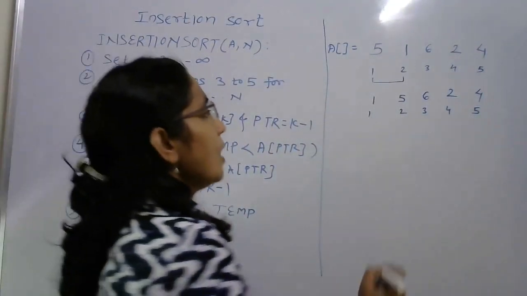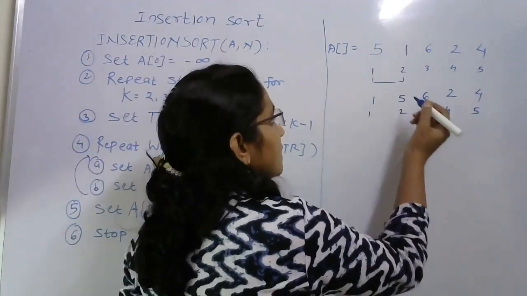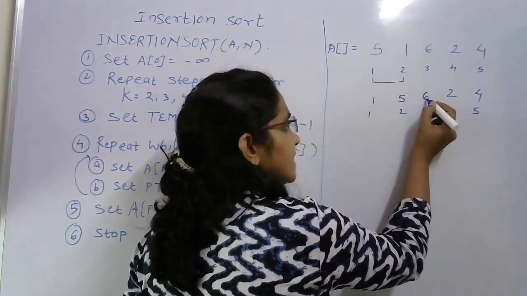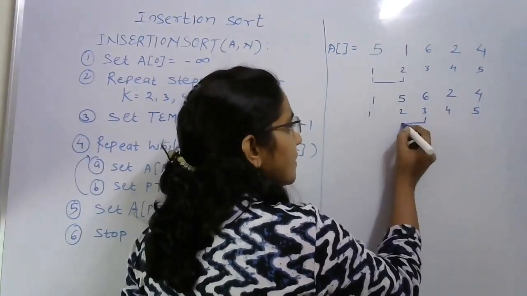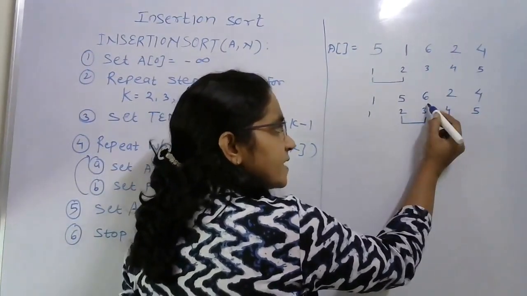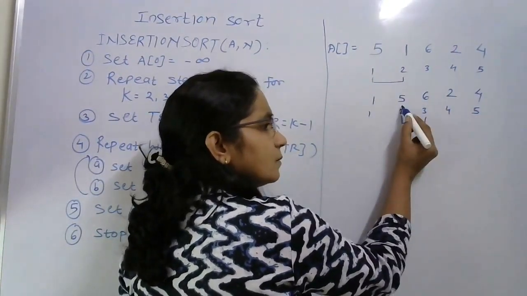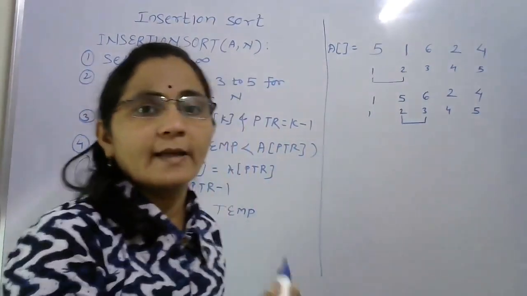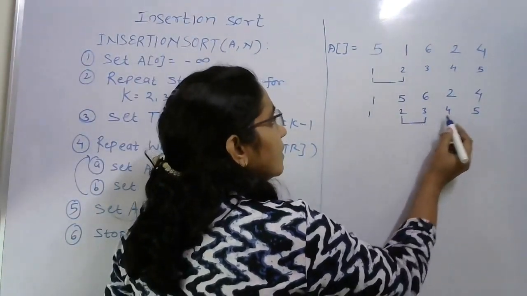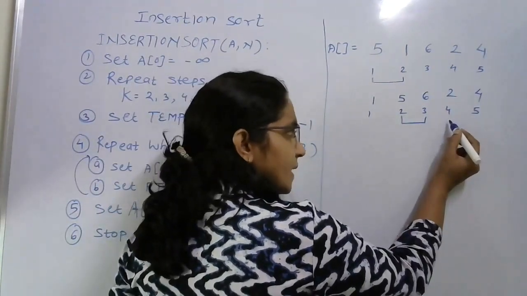Okay. Now at the next step, if the element 6 is inserted, then 6 is compared with the previous element 5. If 6 is less than the previous element, then both elements will get interchanged. If it is not, then go to the next element.